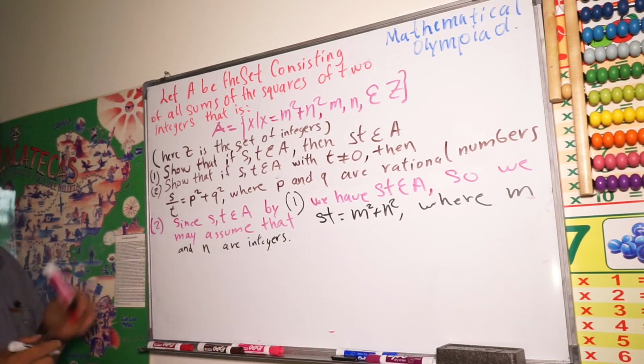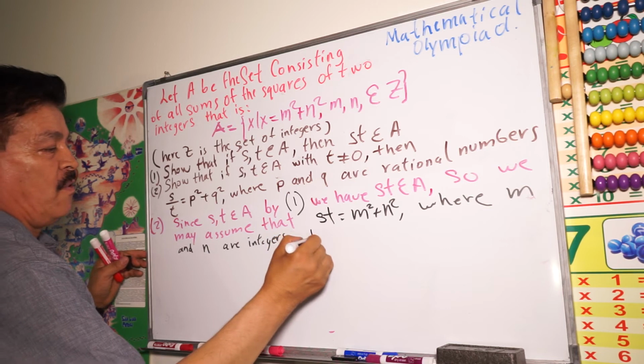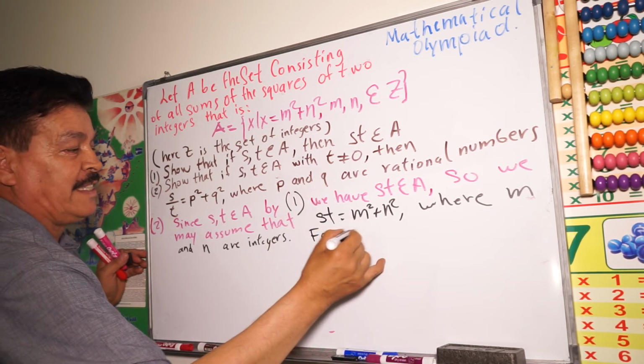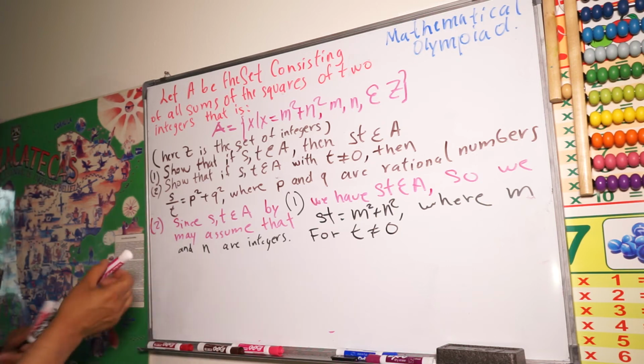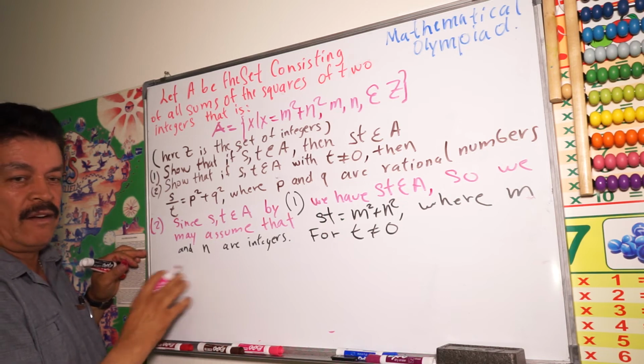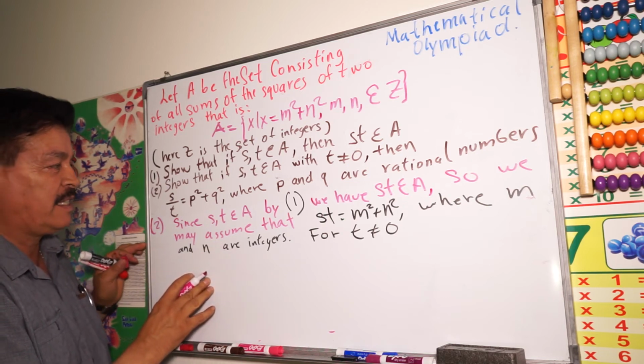For t different from 0, we are going to explain all the information step by step.